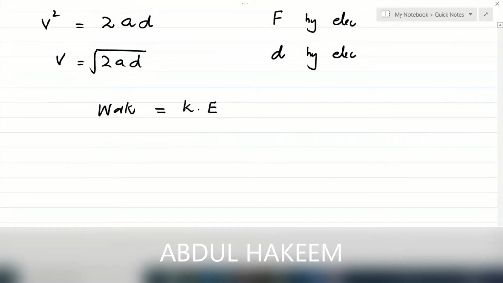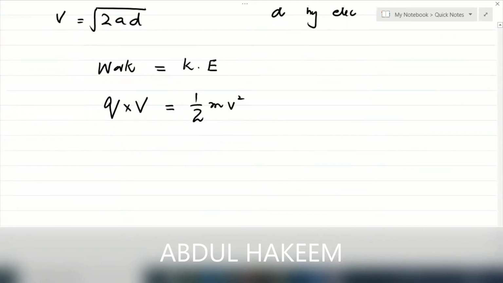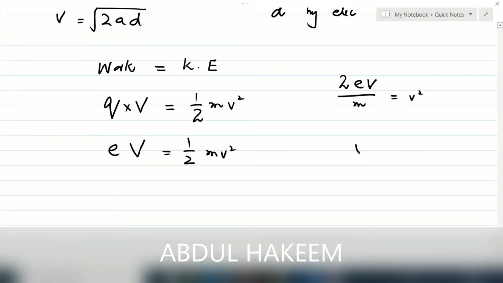Now, work is equal to charge multiplied by voltage, and the kinetic energy is equal to half mv². This is the charge of the electron, so eV is the work done by the potential difference. So eV equals 1/2 mv², and we can write 2eV over m is equal to speed squared.